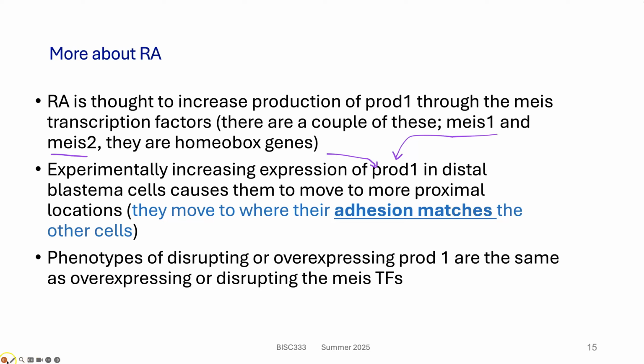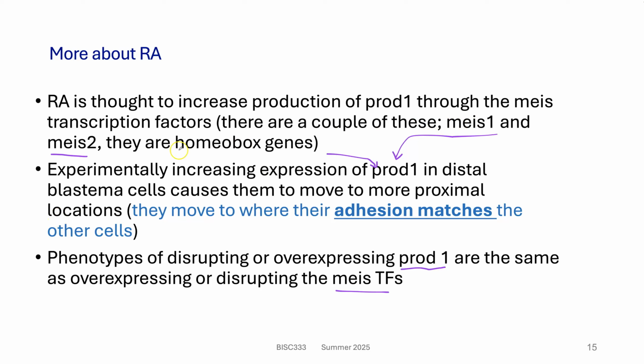And also, if you disrupt or overexpress PROD1, or you disrupt or overexpress the transcription factors that activate it, you get the same phenotypes. If you have too much PROD1, the cells are more adhesive and they will actually migrate to a new position that matches that.